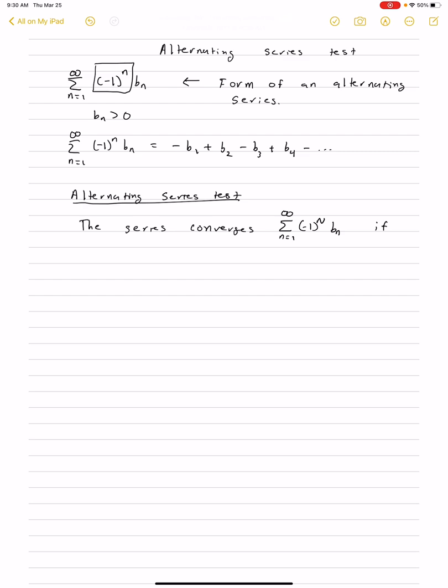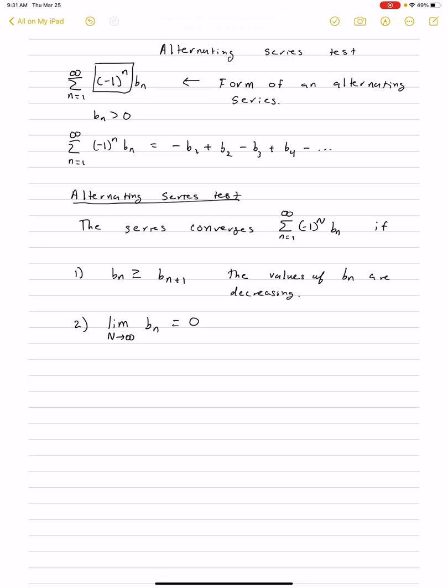And these two conditions are, first, that b sub n is decreasing, and two, that the limit as n goes to infinity of b sub n is equal to 0.